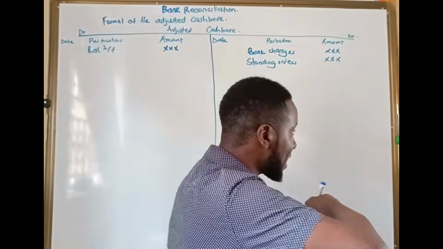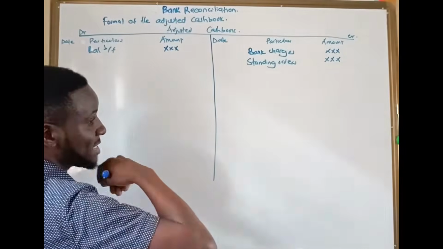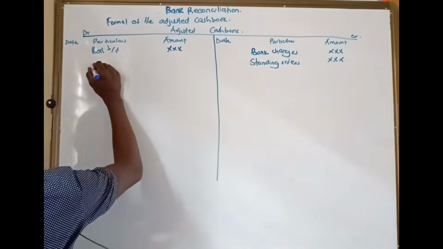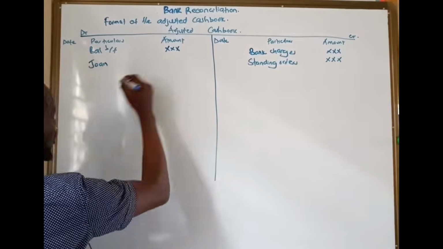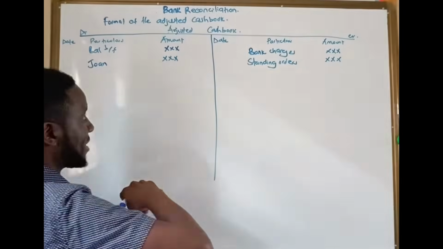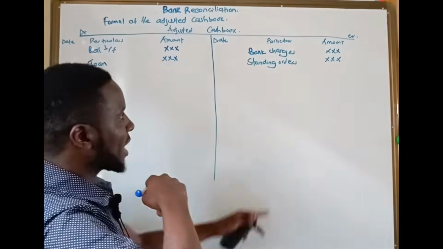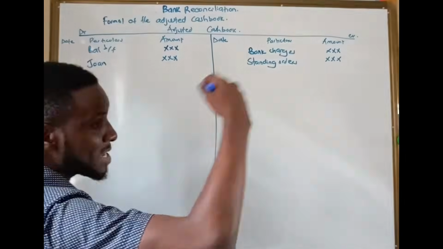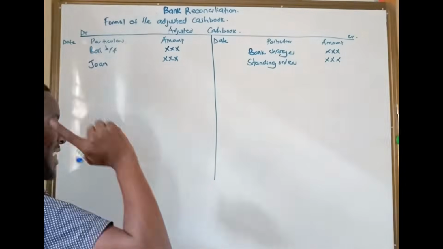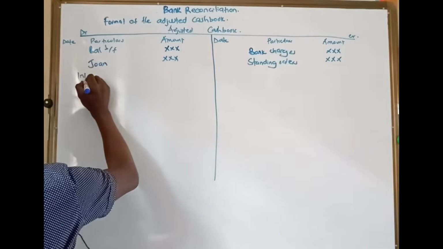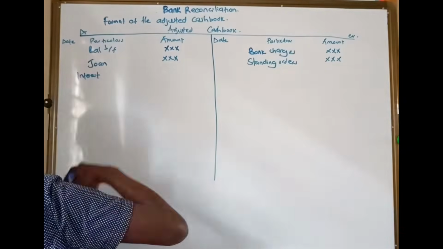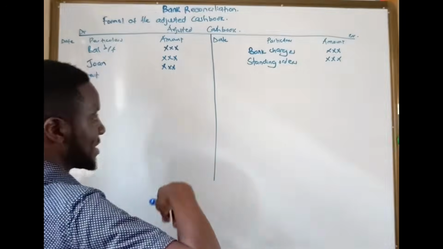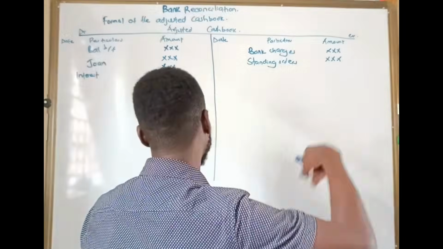So if it's a direct credit, let us say from Joanne, you come here, indicate Joanne, and put the amount. Then we can also have bank interest on the money that you keep in the bank. If it's bank interest, it's supposed to be this side. The bank is giving you interest on the money that you put. Remember, it's a debit, so it will credit the other side.